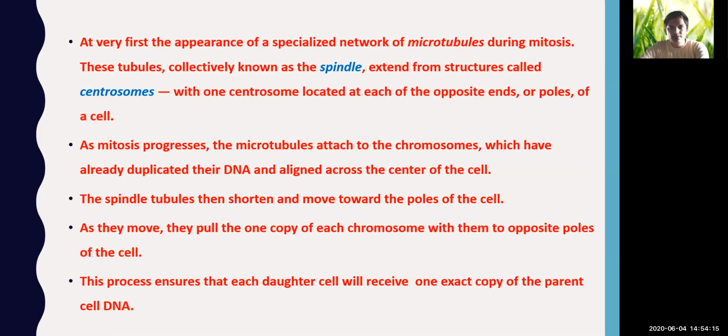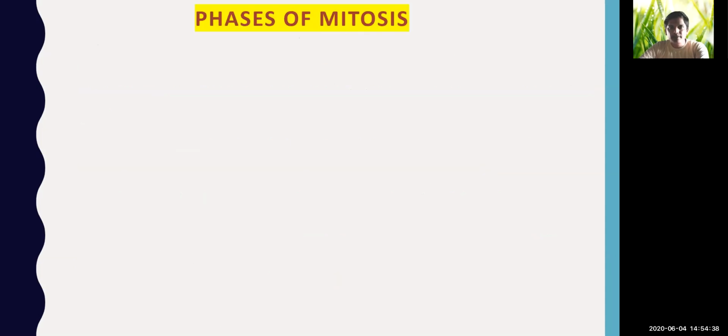The spindle tubules then shorten and move towards the poles of the cell. As they move, they pull one copy of each chromosome with them to opposite poles of the cell. This process ensures that each daughter cell will receive one exact copy of the chromosome in the cell DNA.